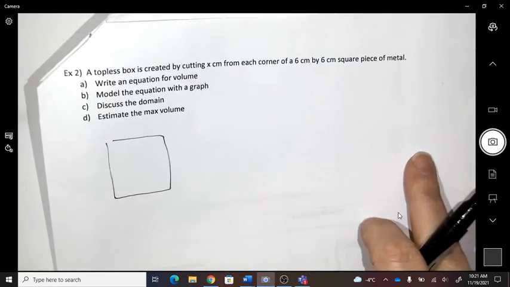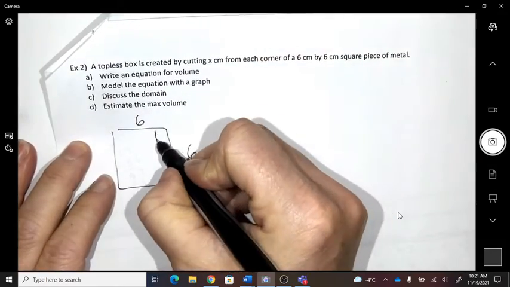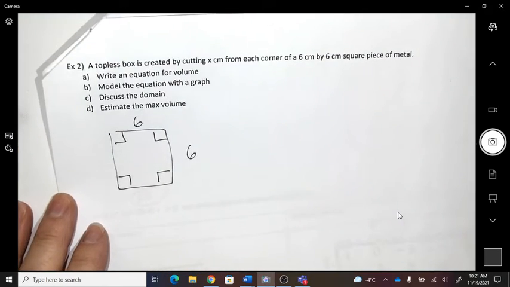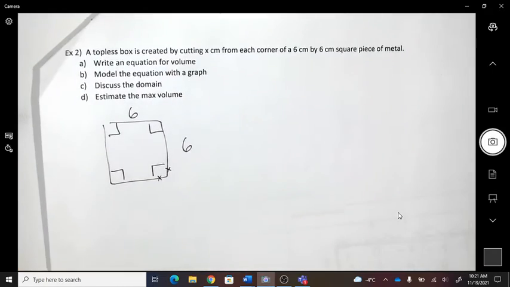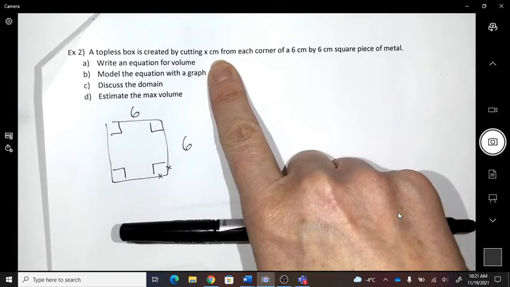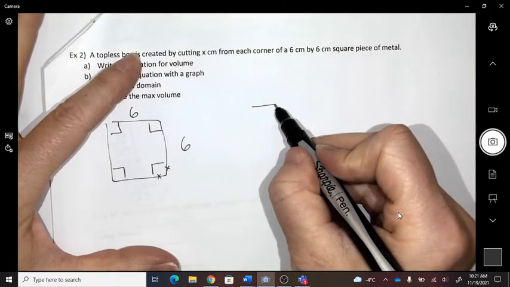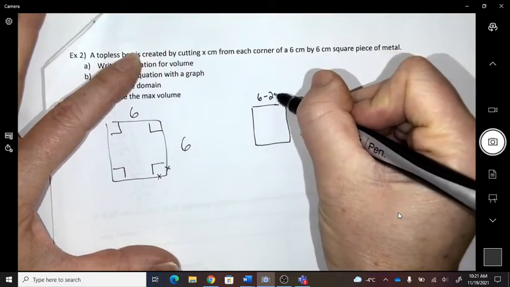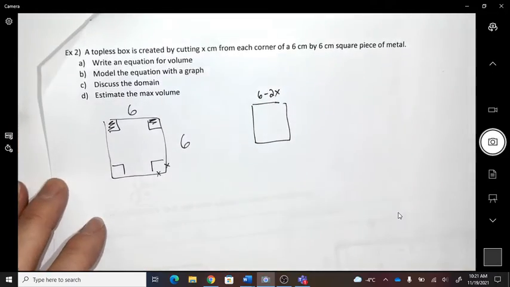Okay, so our situation was we had a 6 by 6 paper or metal, and we cut off corners. So that little square corner that was cut off was x, making the new dimensions 6 subtract 2x, right, because I cut off x and x.